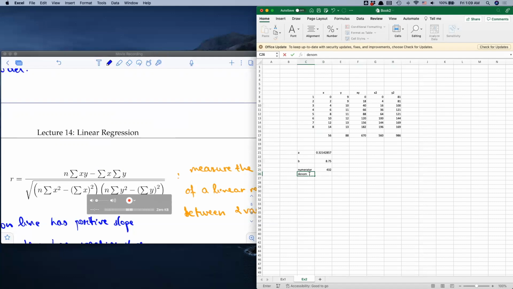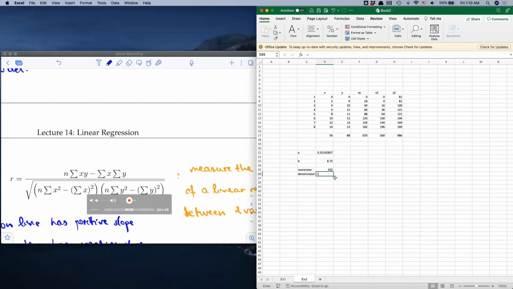And for the denominator, it's going to be equal to the square root.